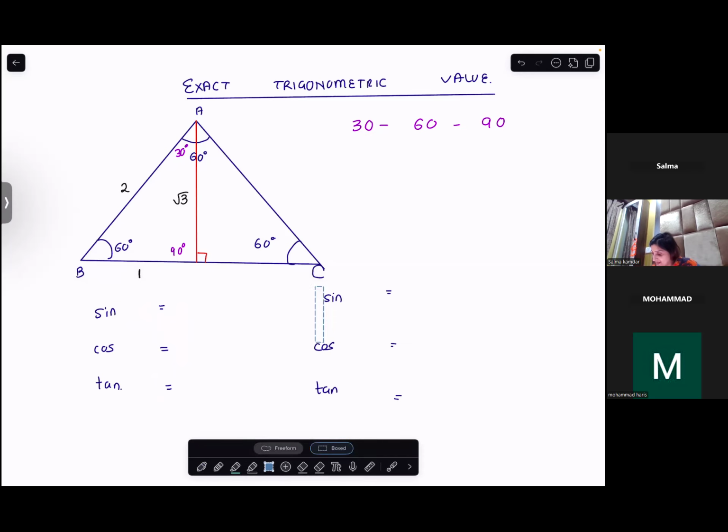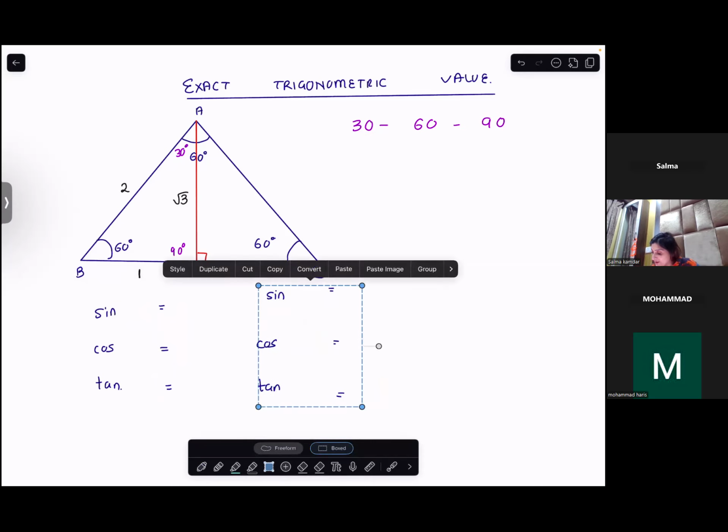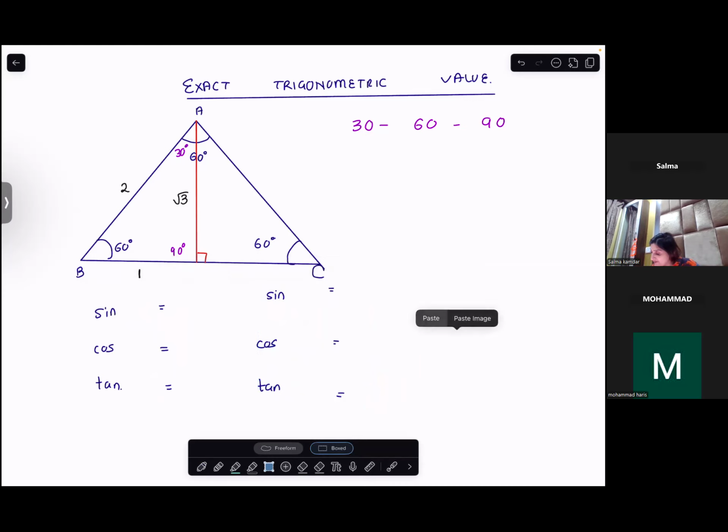Since it is a 30, 60, 90 triangle, I can find my sine, cos, and tan for 30 degrees, for 60 degrees, and for 90 degrees. Are you with me?